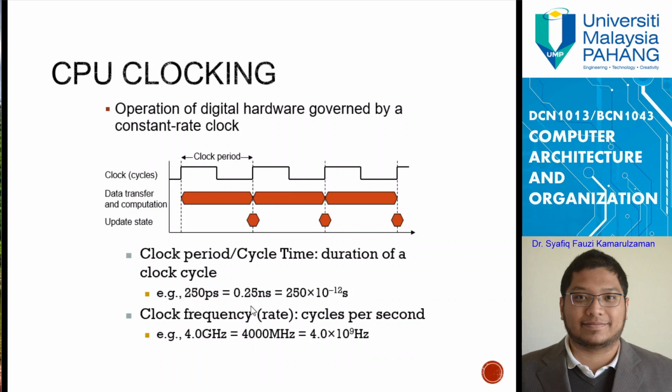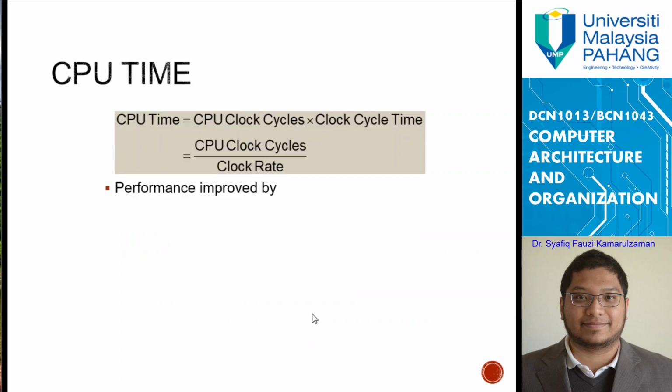Clock frequency is basically how many cycles per second, meaning how many ticks and tocks it has per second. This is one of the important things, and your CPU performance is determined by this. Clock frequency, cycles per instruction.